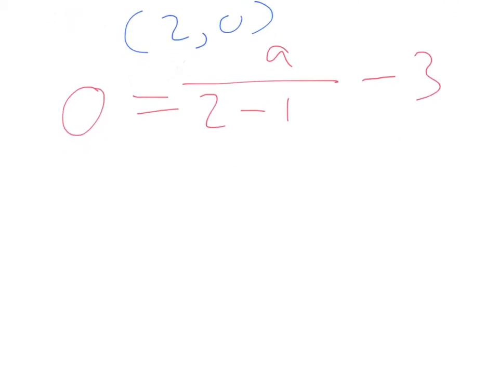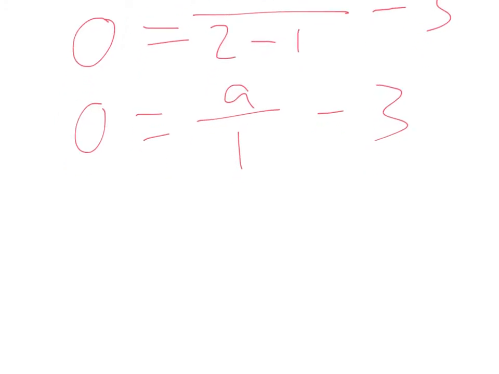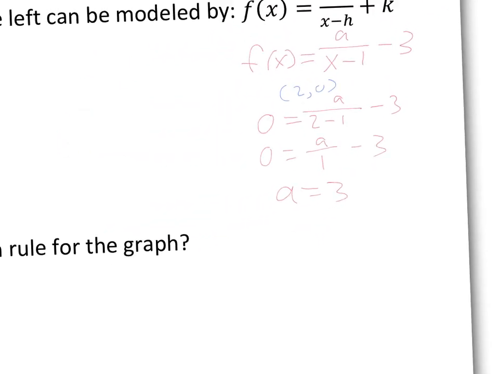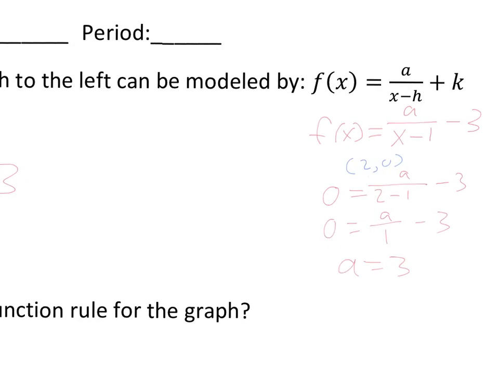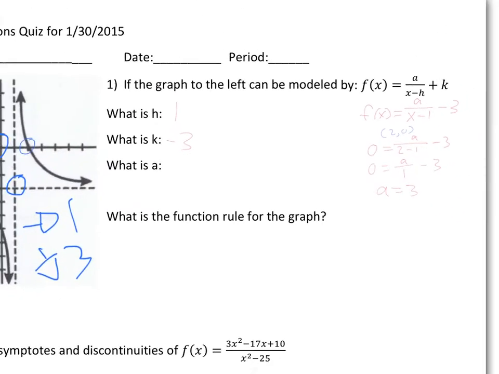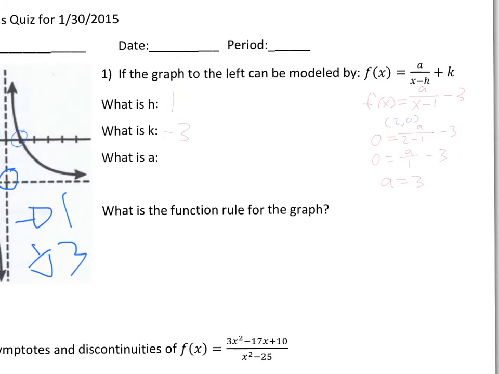That means we've got 0 is equal to a over 1 minus 3, which means a is equal to 3. All right. So we can say a is equal to 3.